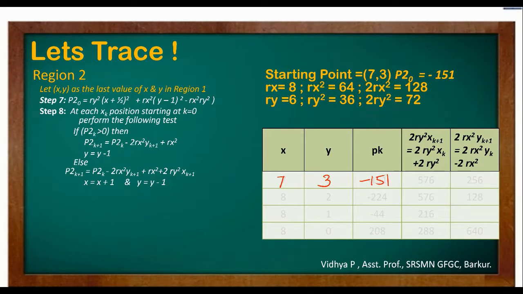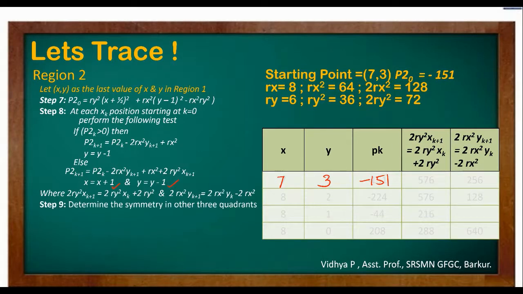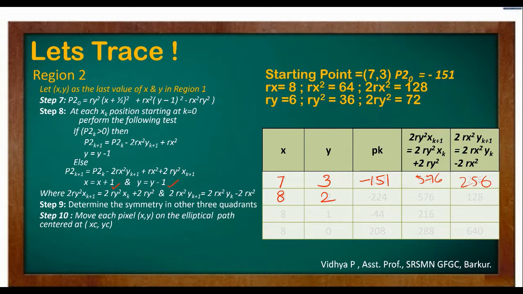Since it is less than 0, we come for the else part and we increment x by 1 and y is equal to y minus 1. So we will be getting 8, 2, and this is 576 and 256. Once again we calculate pk, it will be minus 224.